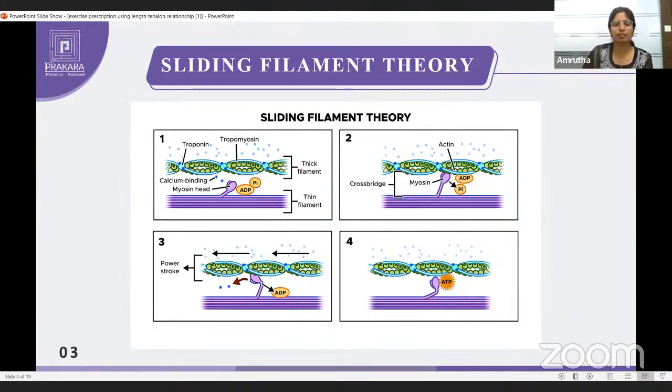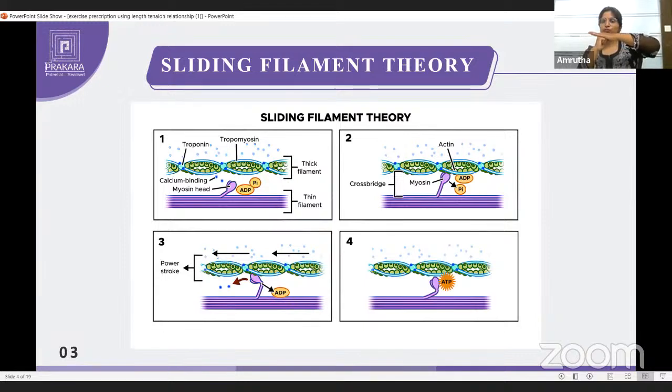So here in all the four stages, you can see my cursor here. The troponin, tropomyosin, and the calcium binding site of the actin: the myosin head goes to the actin site and gets attached, and once it is attached, the cross bridge is formed.